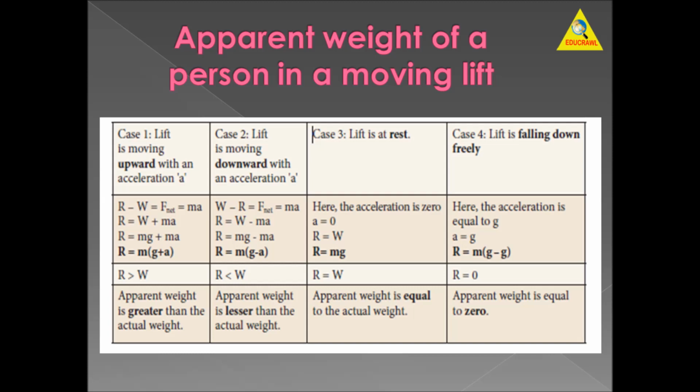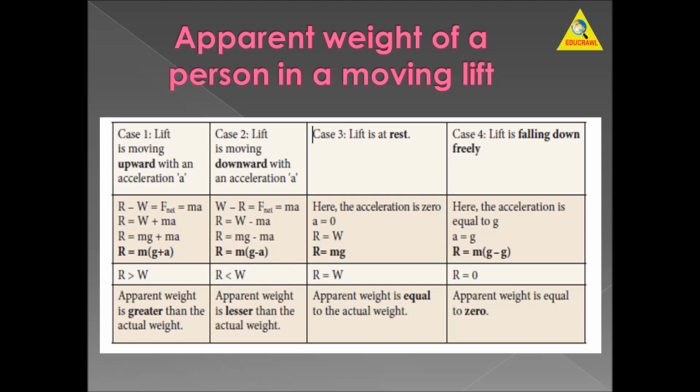Now, case 2. In this case, the lift is moving downwards. Hence, F net is equal to W minus R. Here, a doubt may arise. In case 1, we had it as F net is equal to R minus W. In this case, we are considering W minus R. What is the difference?